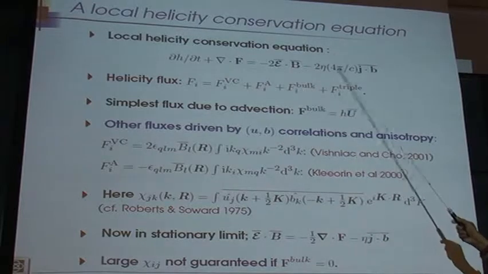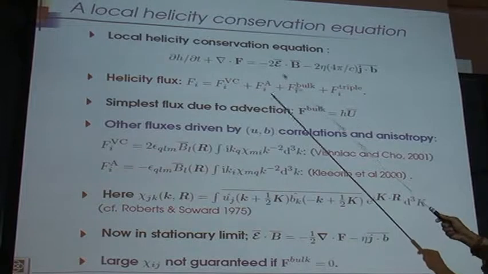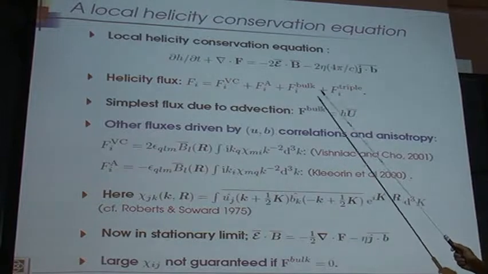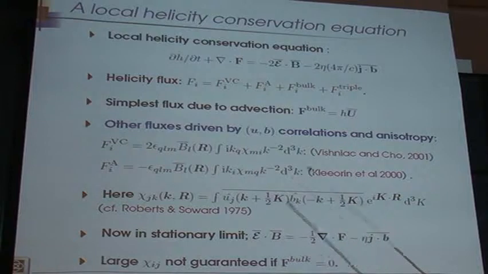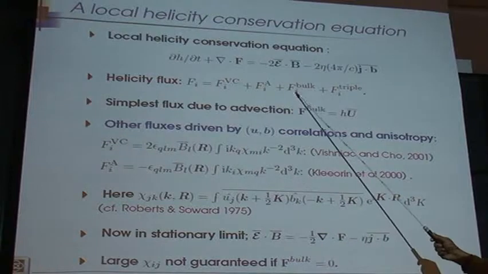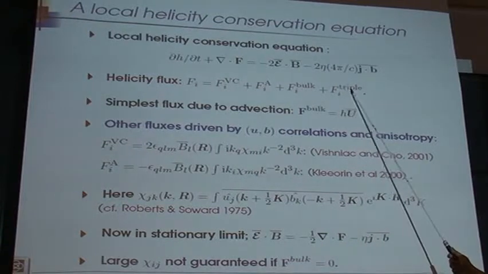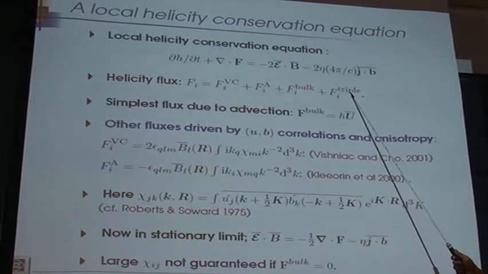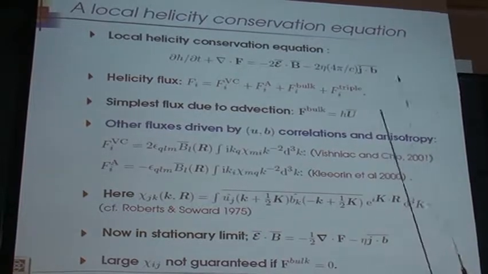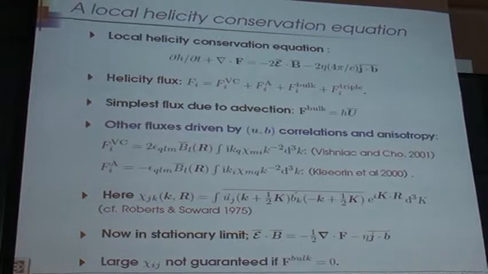These are all local terms. And the flux itself consists of various pieces, these two pieces which depend upon v bar, this piece which depends on the bulk velocity, and this piece which depends on the triple correlation. These are the only pieces which appear. The previous equation, as I said, was exact.